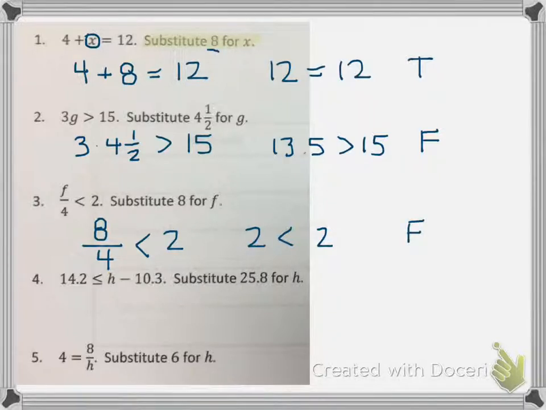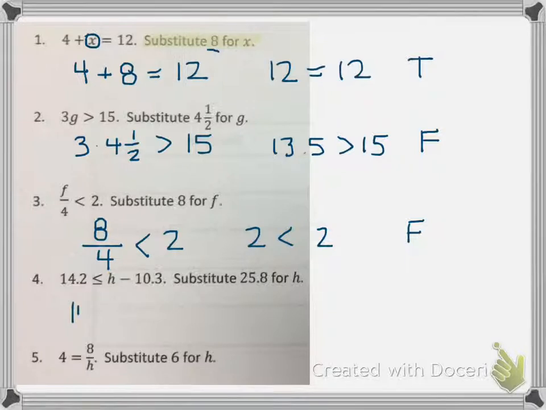Okay, I want you to try number 4. And then come back and I'll show you the solution. And we'll see how you do. Okay, so for number 4, your job was to substitute 25.8 whenever you saw h.